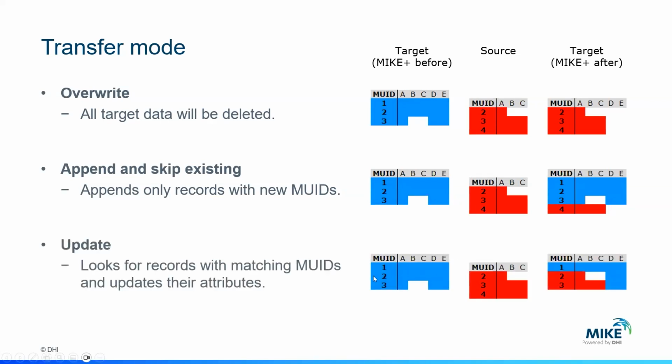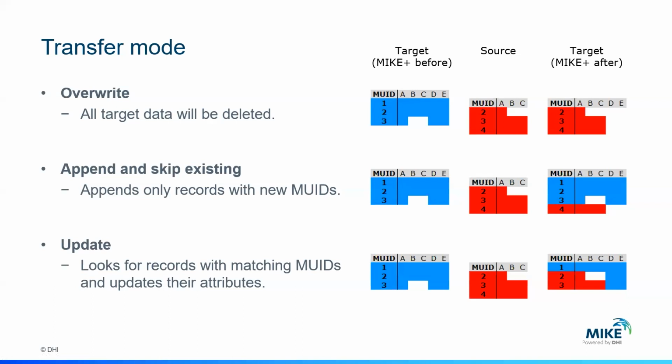Here, the idea is that only those records which match will be updated. Anything beyond will be discarded. And you see that record 2 and 3 are sort of stamped into the original data. Those 2 values here stay, and record 4 is discarded.